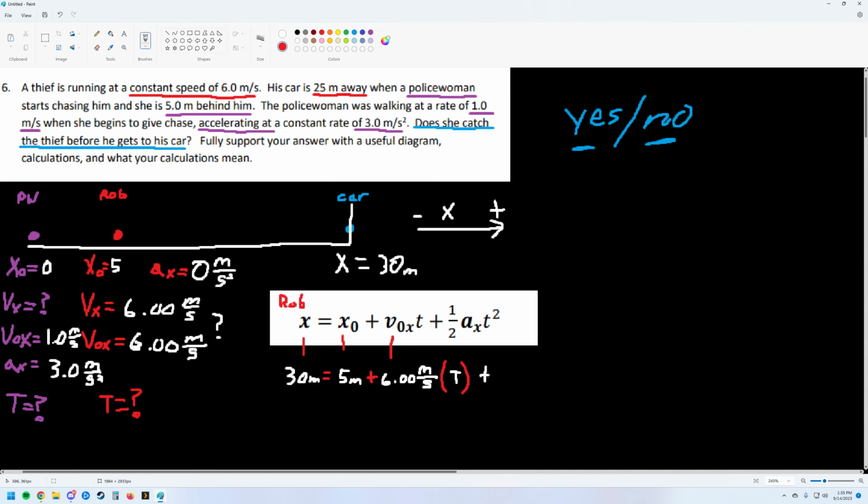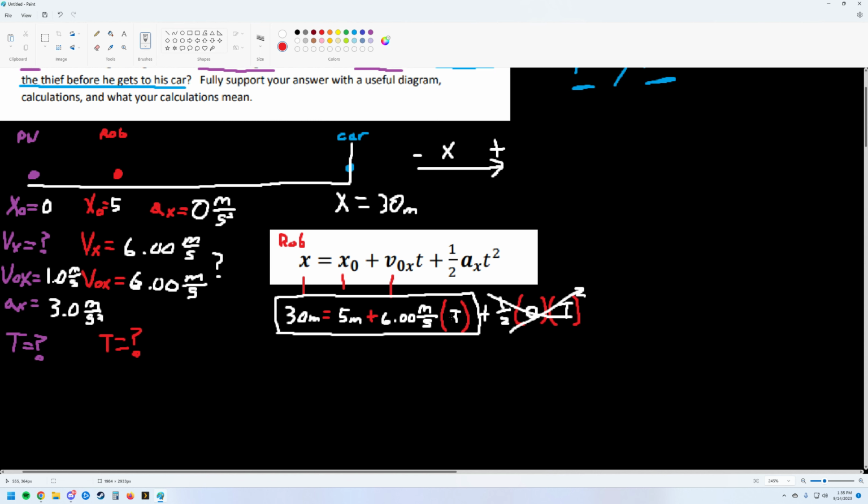Then it would technically also be plus 1.5, and that would be 0, right? Times time squared. Obviously, all of this just cancels out, so we're not worried about it. We're just left with this part right here.